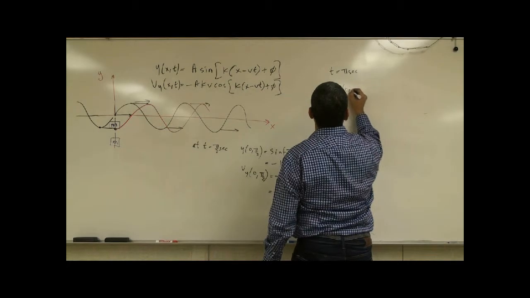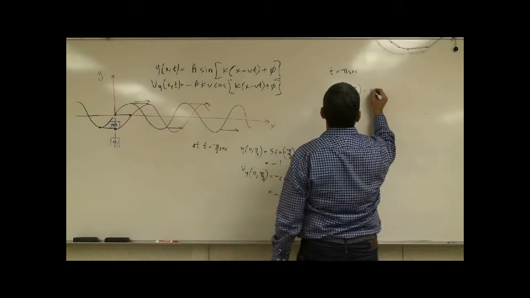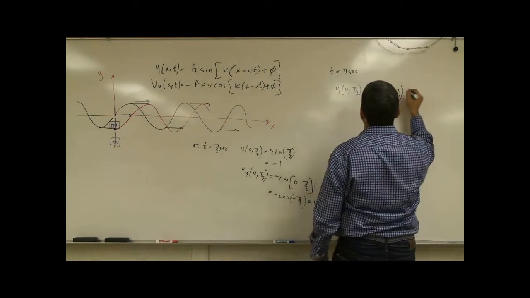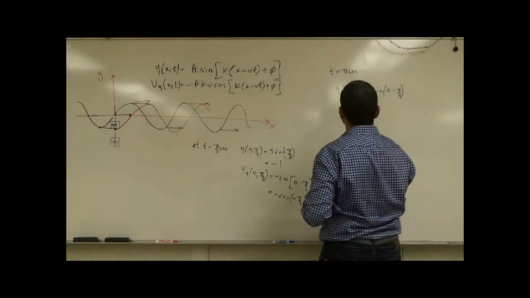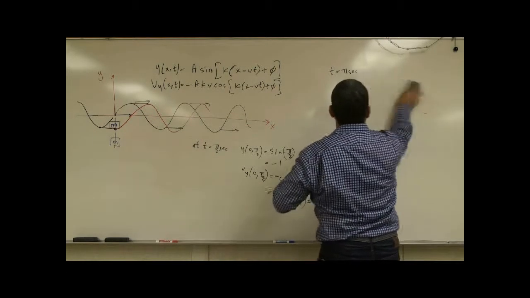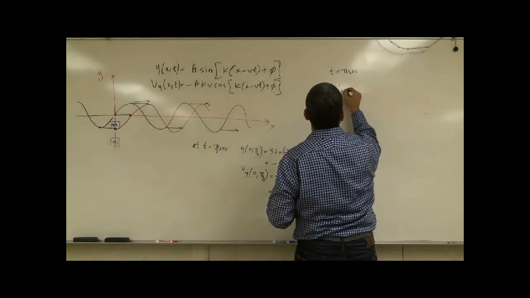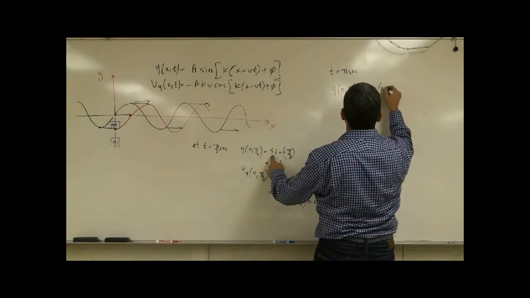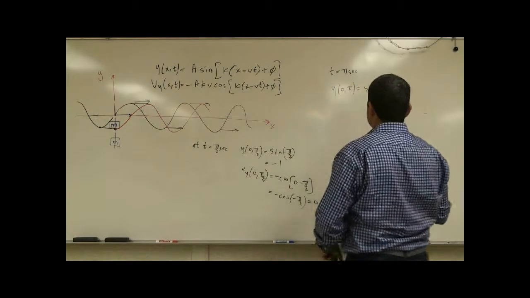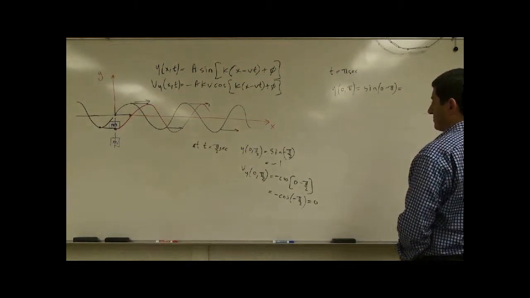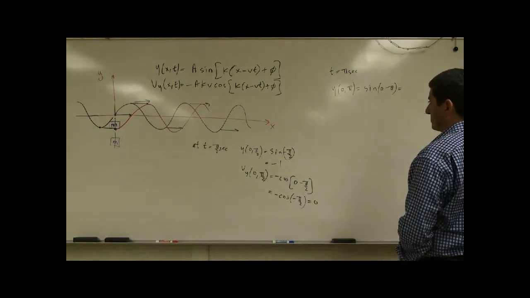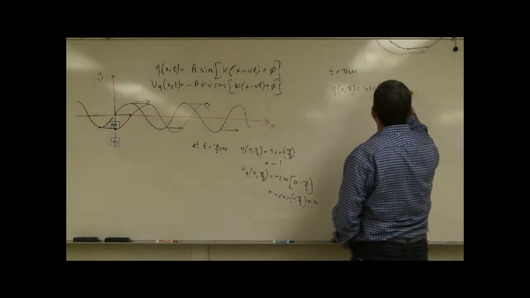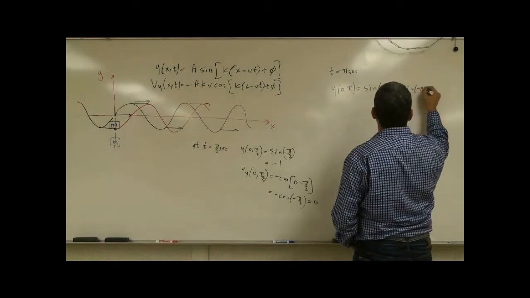Y of 0, pi, you're going to get sine of 0 minus pi, which is going to be sine of negative pi, which is 0.